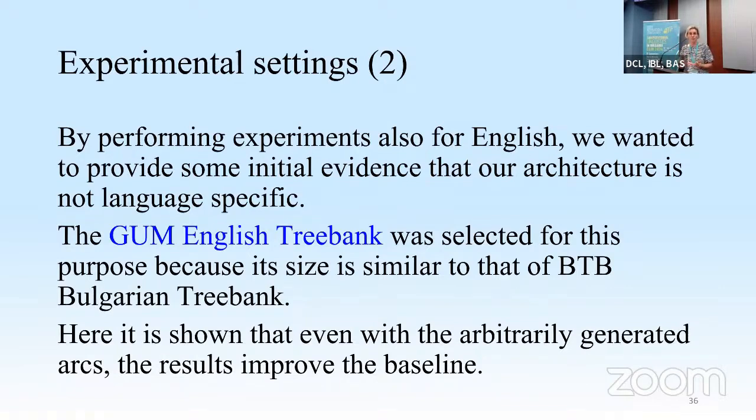I mean, they improve. And we can imagine, if we really have a lot of sure links beforehand, how it would go. For Bulgarian, we show that it works. For English, we just show by the arbitrary generated arcs that it really improves the results.